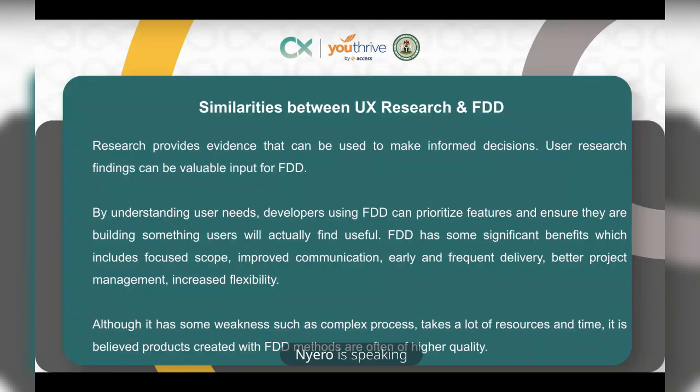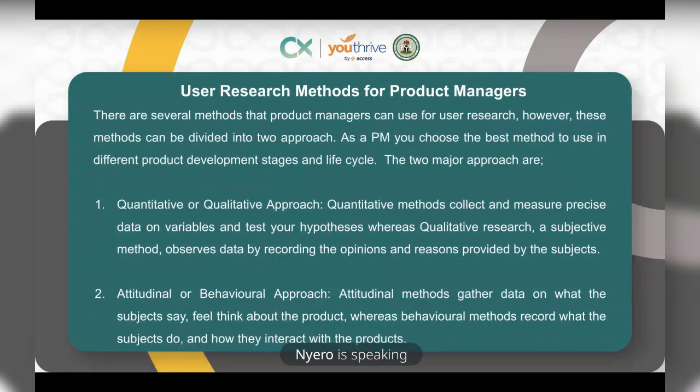The reason why we're learning about the differences is just for the sake of knowledge, but usually FDD as a framework can be used as a UX researcher is conducting user experience research, because it's sort of a mindset framework. Now, what are the user research methods that product managers will use while you're conducting user experience research?